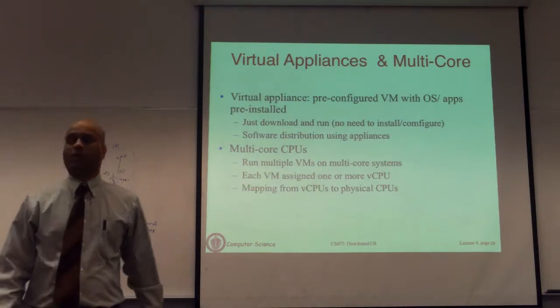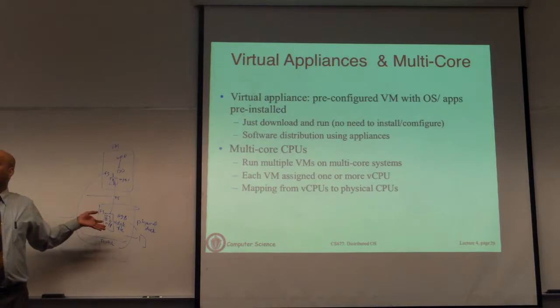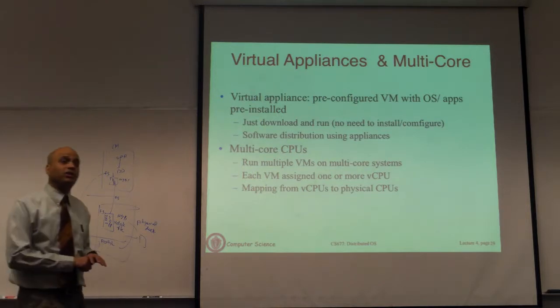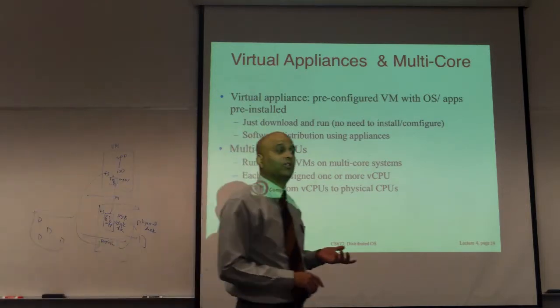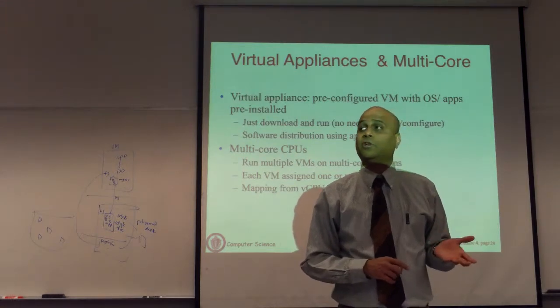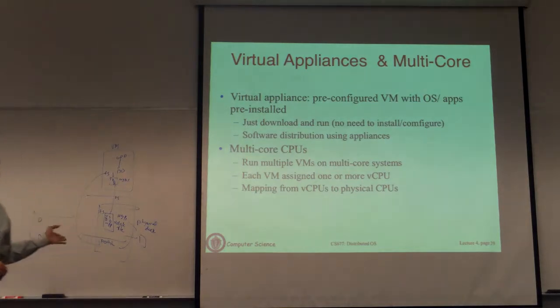Now your application is basically pre-configured on that virtual machine disk. All you need to do is start that virtual machine and start the application. You don't need to do configuration. You don't need to do installation of the app. You just need to get the virtual machine disk image and execute it. Okay, this is one way by which you can distribute pre-configured applications.